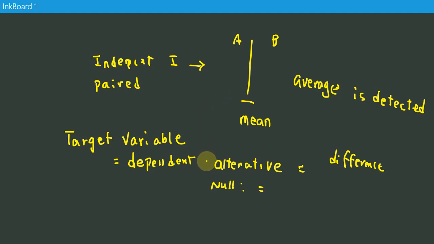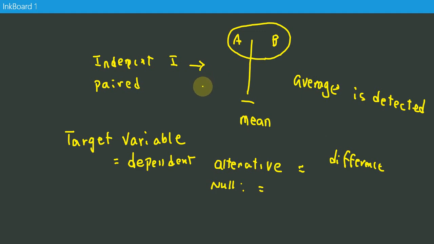My alternative hypothesis is that group A and group B are different. Automatically, the null hypothesis is that there is no difference between group A and group B. So we see the result by using the two sets of data, data A and data B. This group is also the independent variable in the case of the T-test.